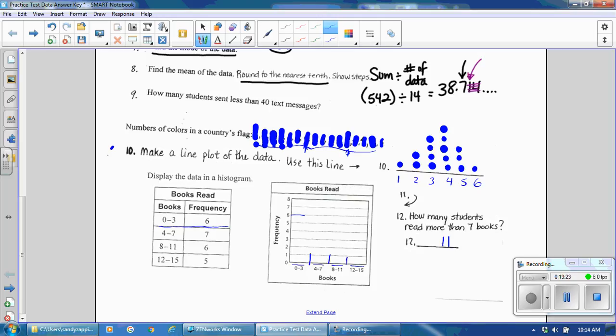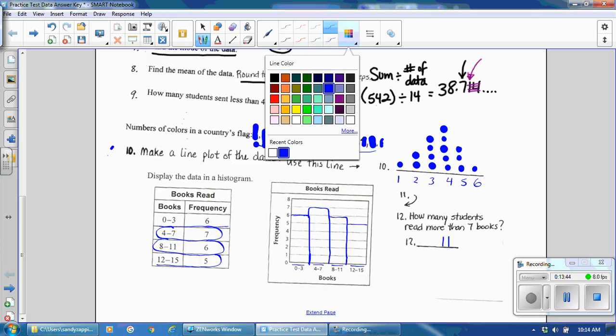So we need to go up to 6. And then for 4 to 7, there are 7 people who read that many books, so we go up 1 more bar. In the next interval, 8 to 11, we have 6 people. And 12 to 15 books, 5 people read that many books. And then you can color that if you would like.